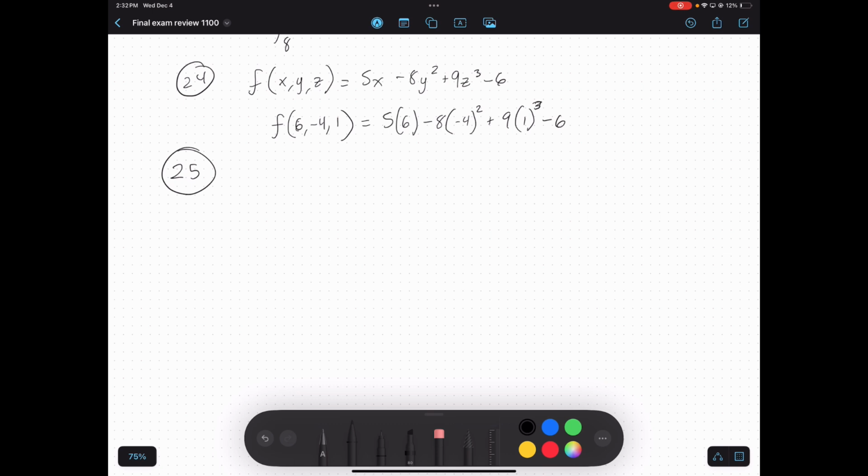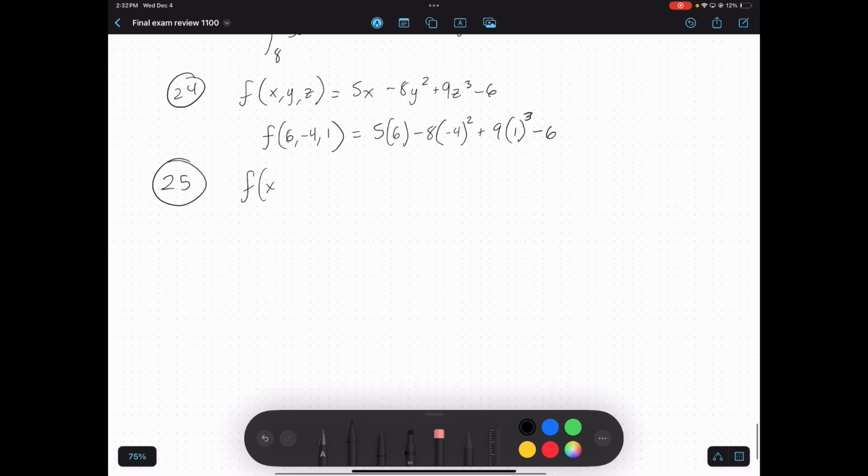But. Okay. Domain. So 25 is all about domain. So here's my multivariable function. F of x, y is equal to 8 times the square root of 7 plus x squared minus y. And it wants me to find the domain of this function. Well, why is domain important for this problem? Because you root.